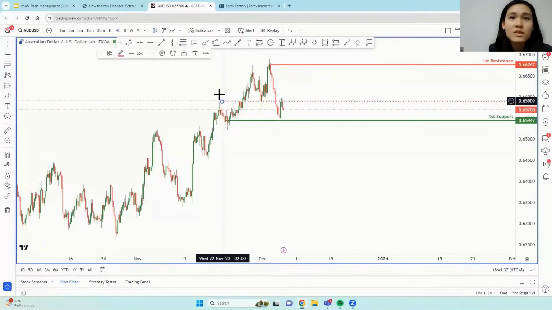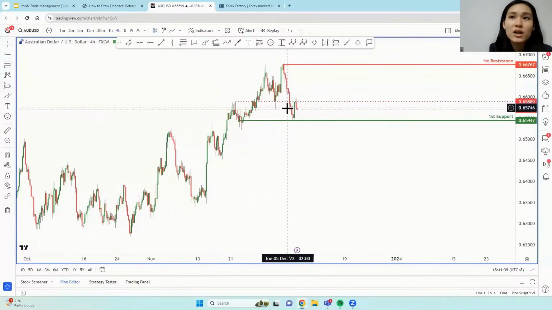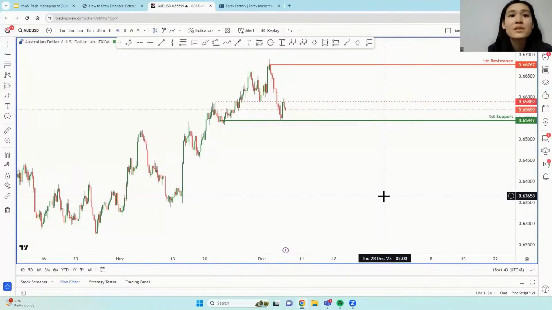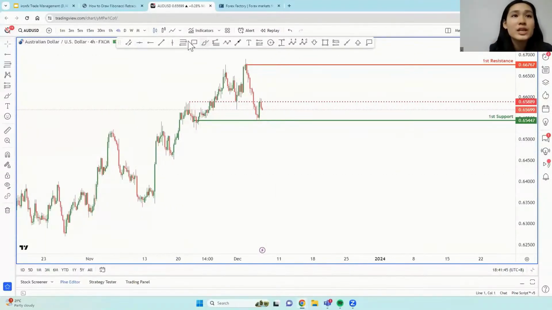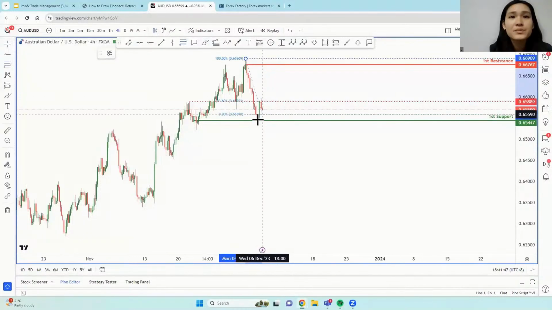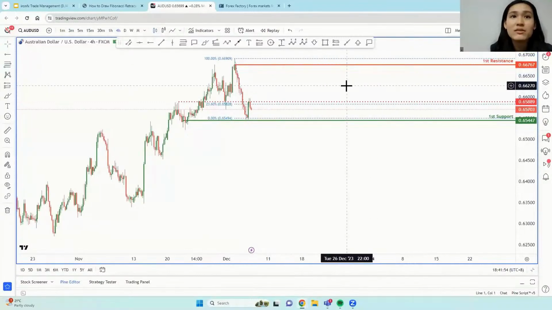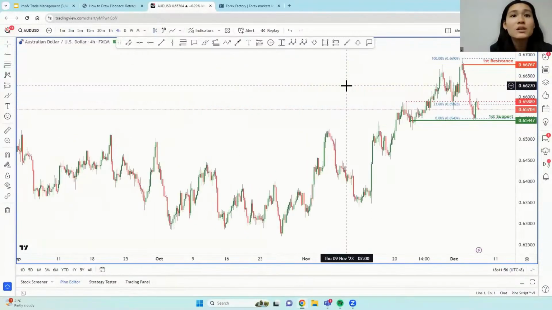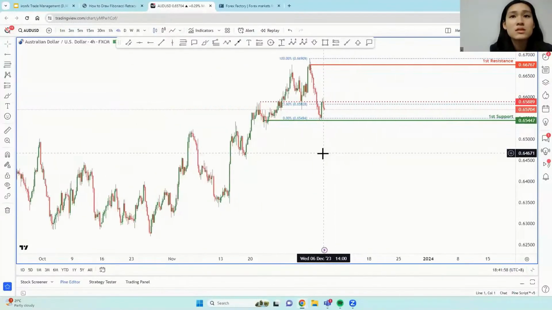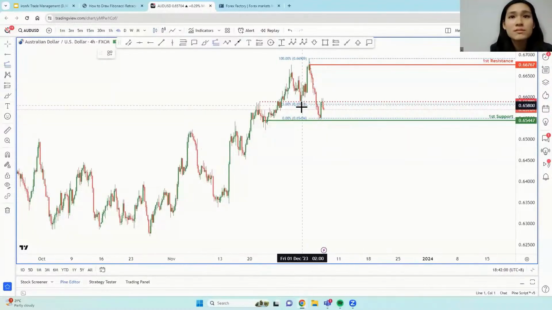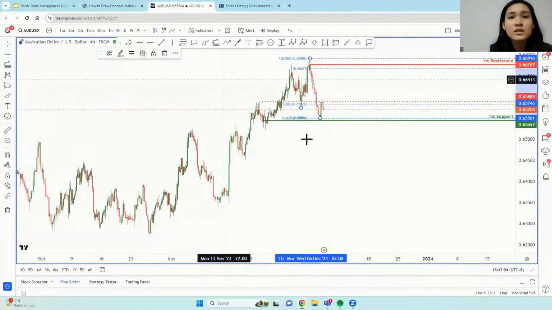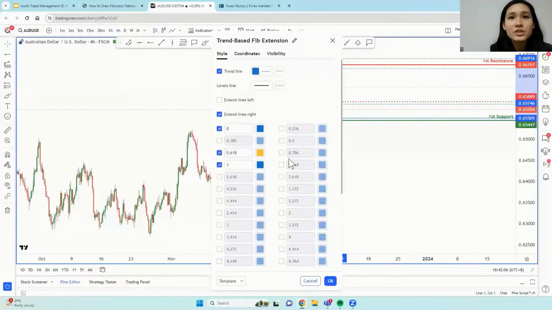Okay, so this is my intermediate level of resistance here. Now let's go in with some Fibonacci levels. Okay, so I have a 23.6% Fibonacci retracement that lines up with my intermediate level. Let's see if we have a projection.